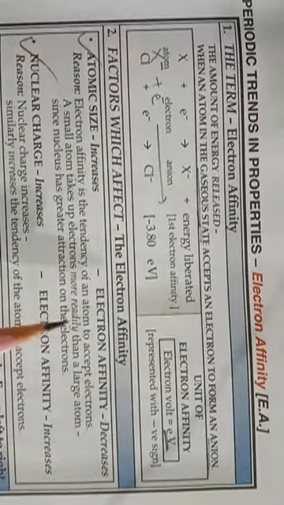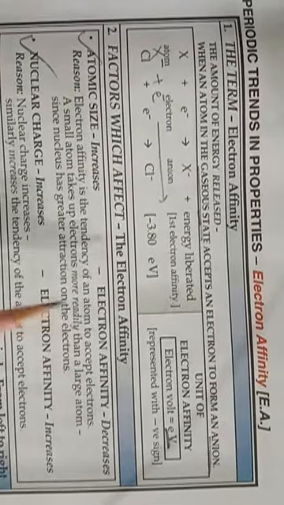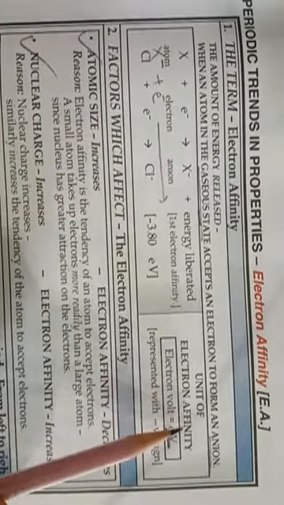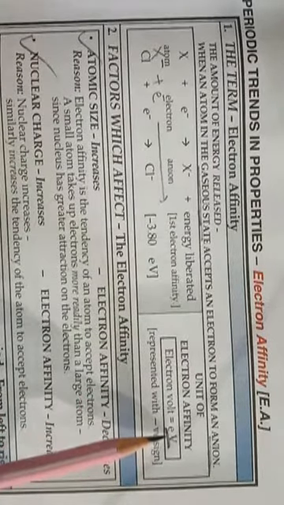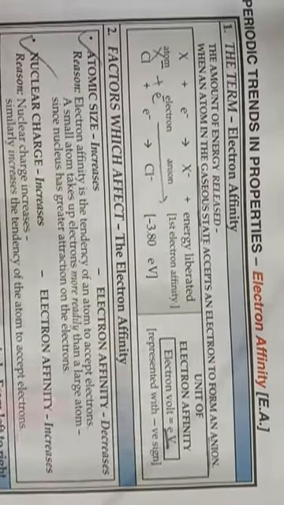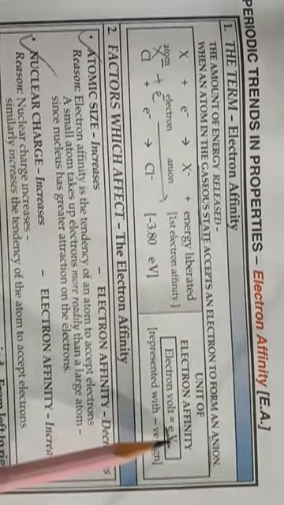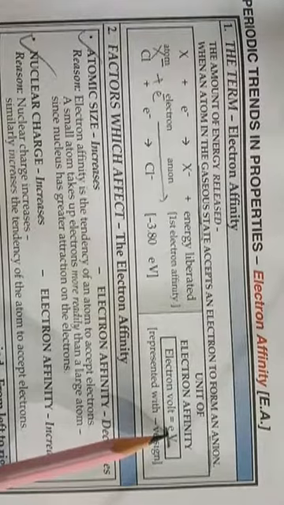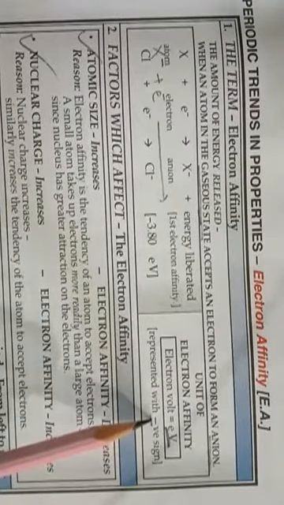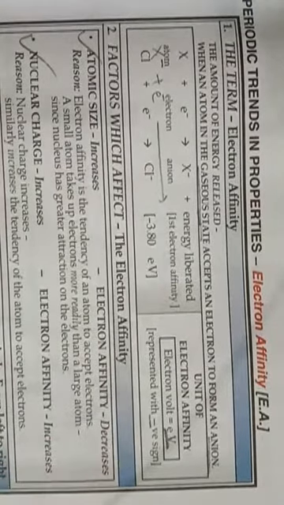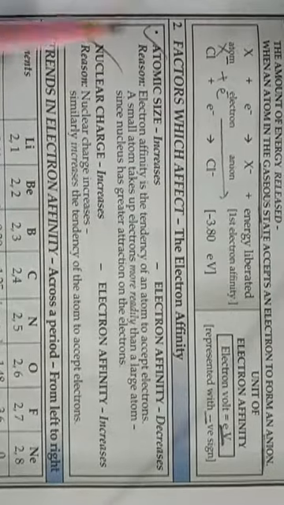So a maximum of 3 electrons can be given to an atom. The unit of electron affinity is also electron volt, in short eV. Because this is the amount of energy released, this eV is written with a minus sign, a negative sign, which represents release of energy.